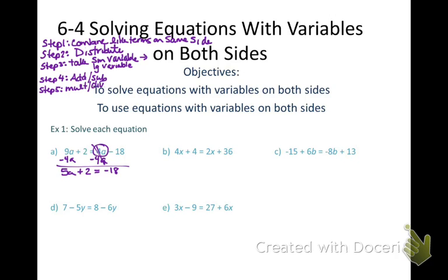We have done two-step equations before. So step 4 says add or subtract, and the 2 is adding to 5a, so I'm going to subtract 2. So it's going to be 5a equals negative 20. Then I'm going to divide by 5. So a equals negative 4.